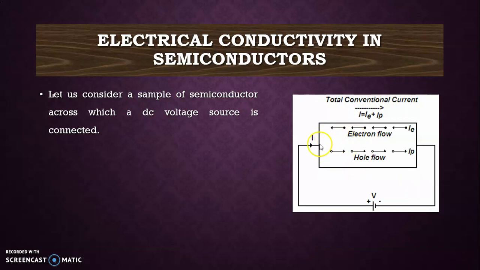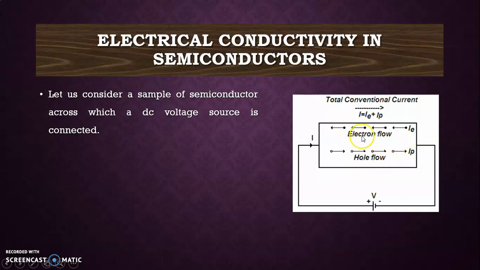If you observe inside the semiconductor, you can see the electrons moving towards the positive terminal of the battery, while holes are moving towards the negative terminal of the battery.